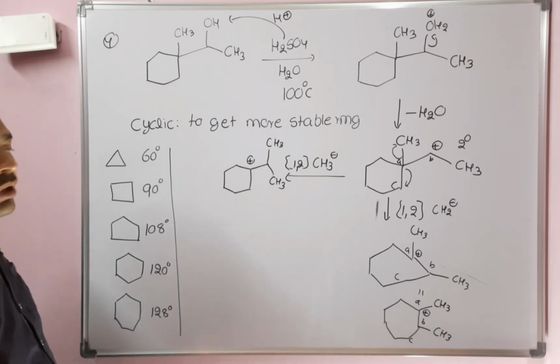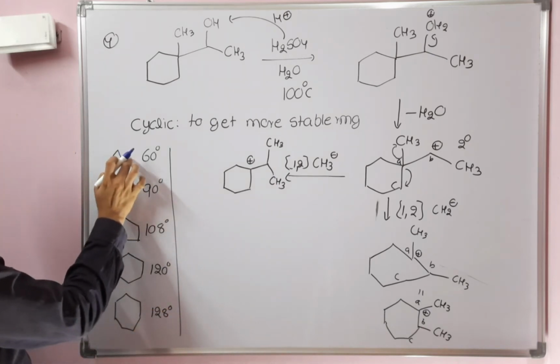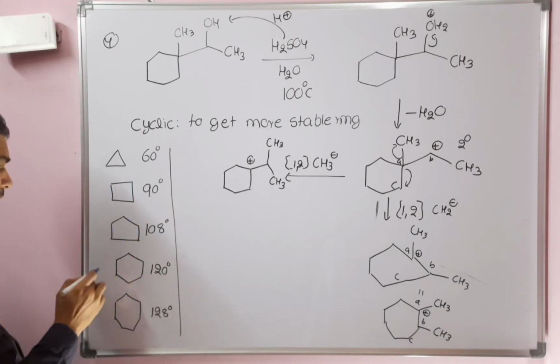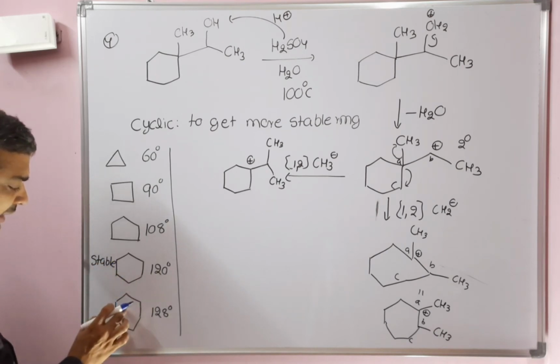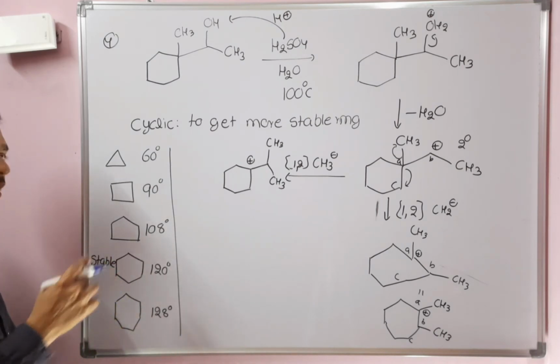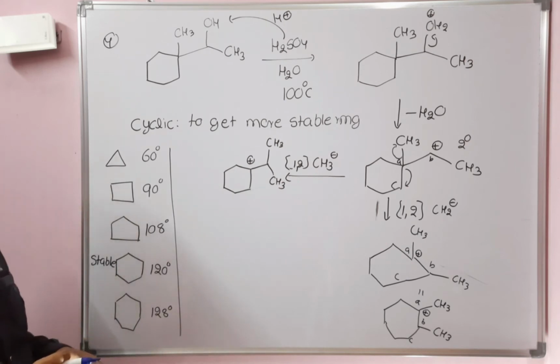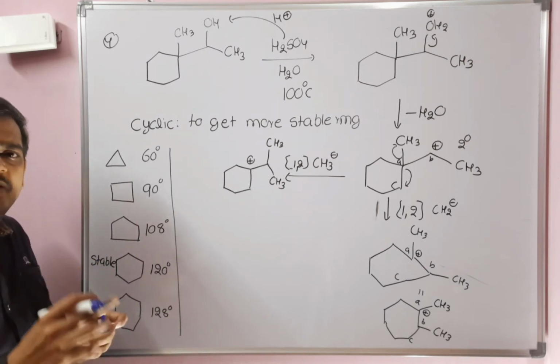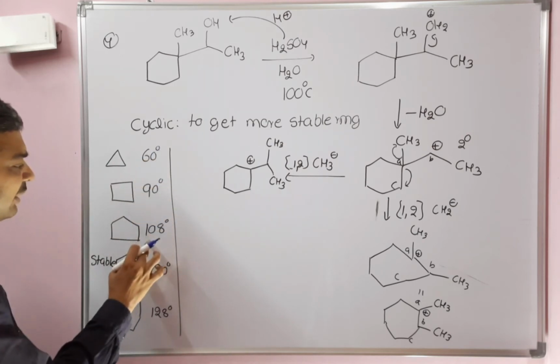But these suffer a lot of strain. Generally, the ones which deviate from the normal tetrahedral bond angle of 109 degrees suffer from strain.